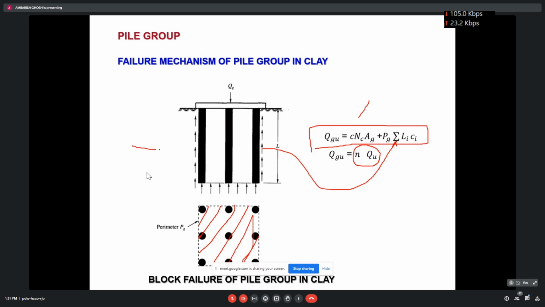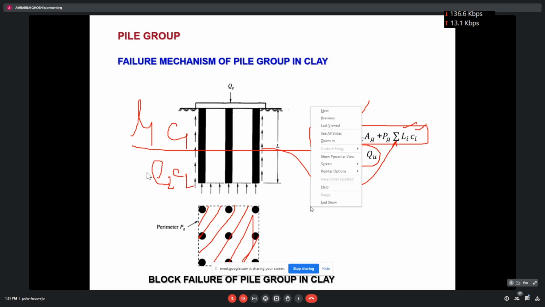Because if it is layer-wise, say suppose this is L1 which has cohesion C1, and this is L2 with cohesion C2, then the corresponding length has to be multiplied by this, and this is the perimeter. Whatever perimeter you have got, this is the perimeter actually.